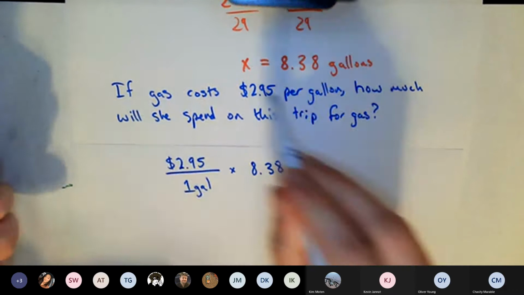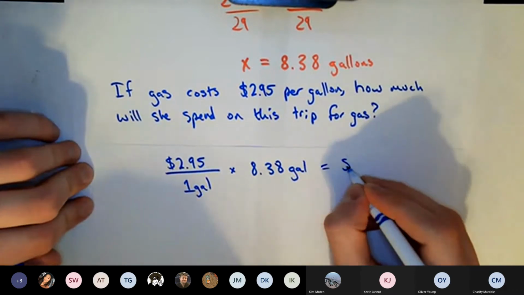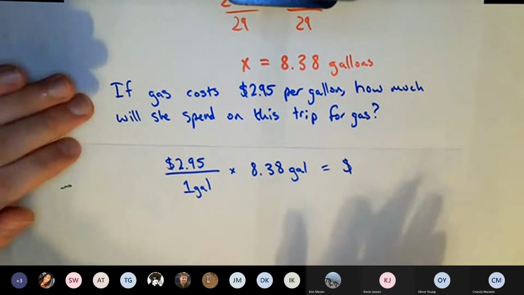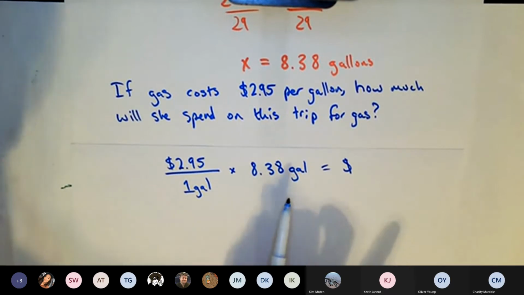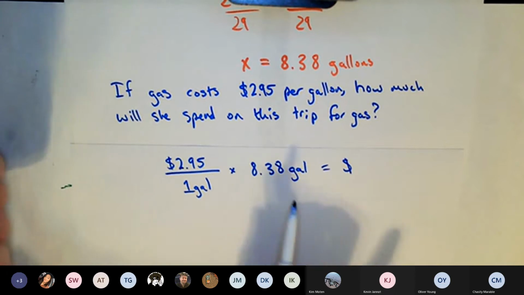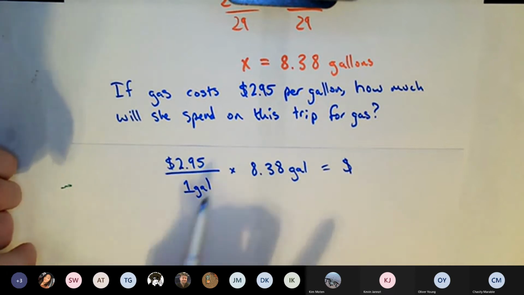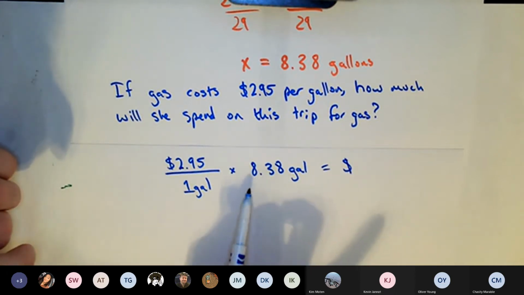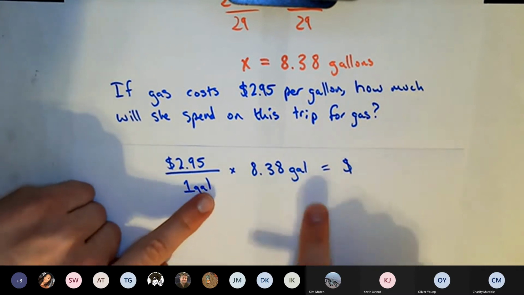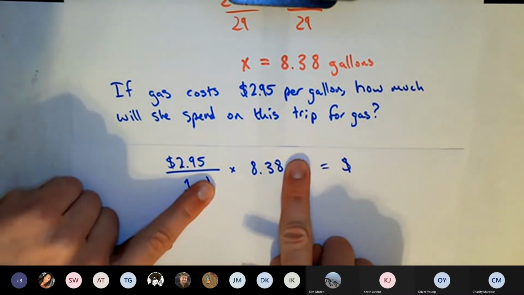That's the point of this little problem I've written in blue: we're going to end up with just a dollar amount, not dollars per gallon or anything, just straight up dollars. So I need to make sure that the unit of gallons gets canceled out. And if I set it up this way, multiplying the rate, the cost, by the number of gallons, then that unit, gallons, will literally cancel out just like that.